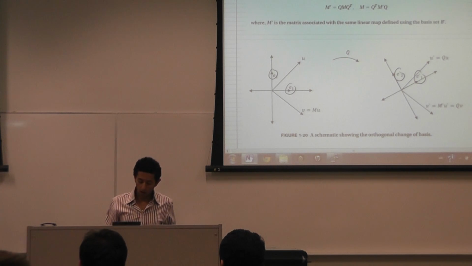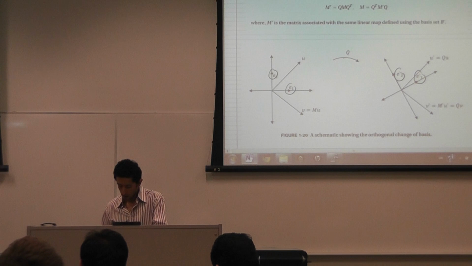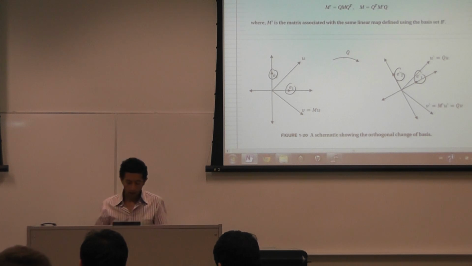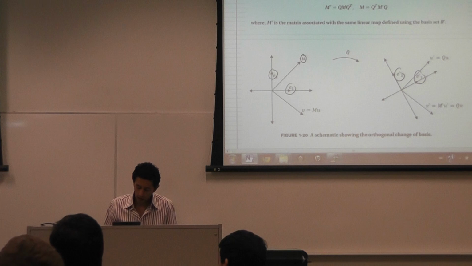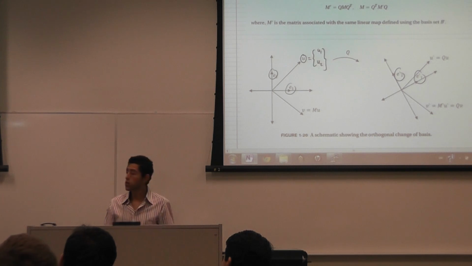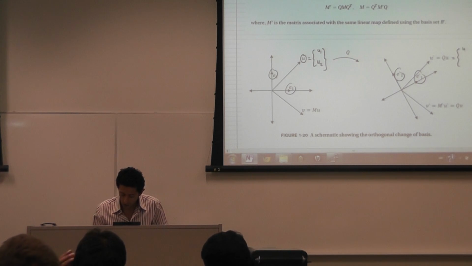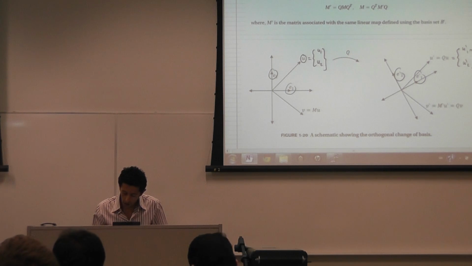It's going to be very easy to show, and you should read the proof of this, that a vector U here has components U1 and U2 in this coordinate system. The new vector, the same vector but written in the new coordinate system, is equal to the entries of Q multiplied by U1, U2.